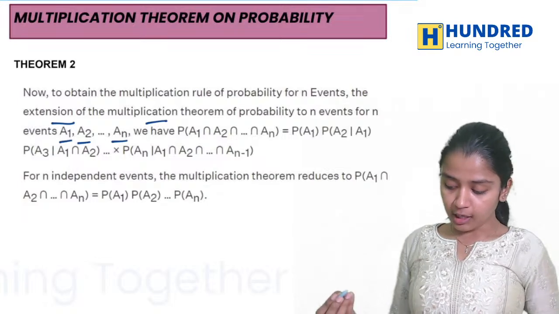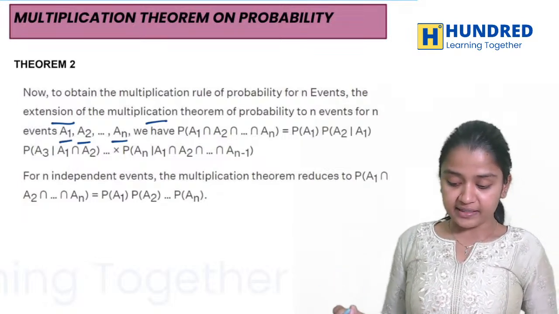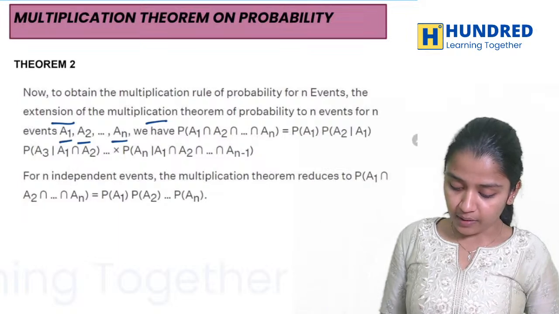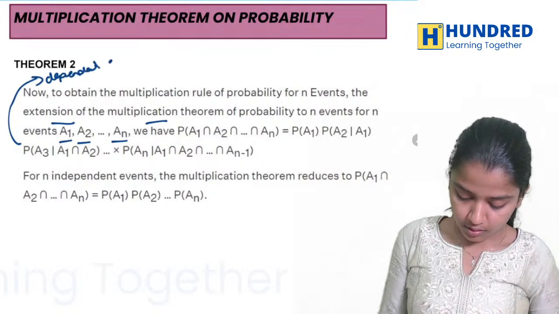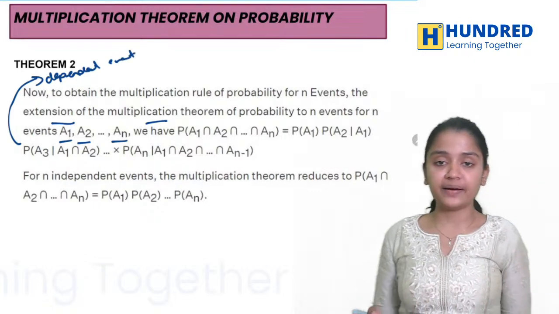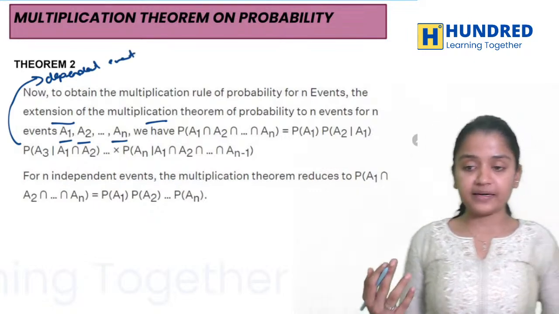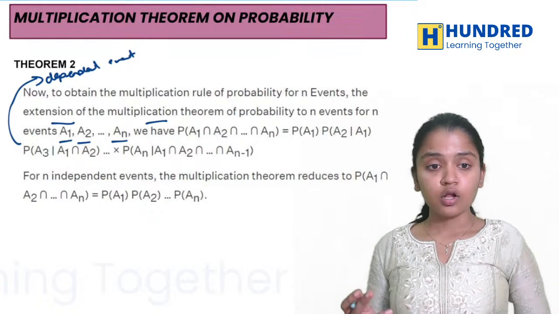So basically this formula is for dependent events. இப்போ ரெண்டு dependent அப்படியா இருந்தா what can you say?